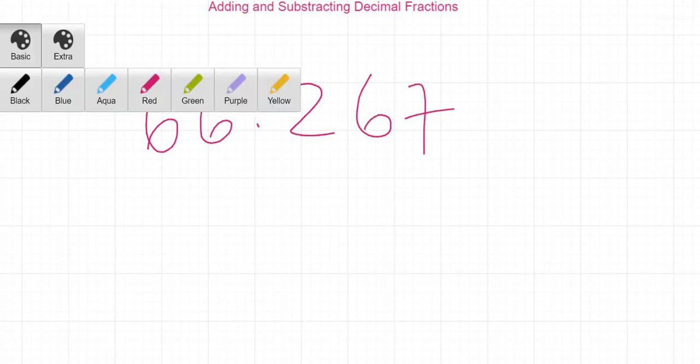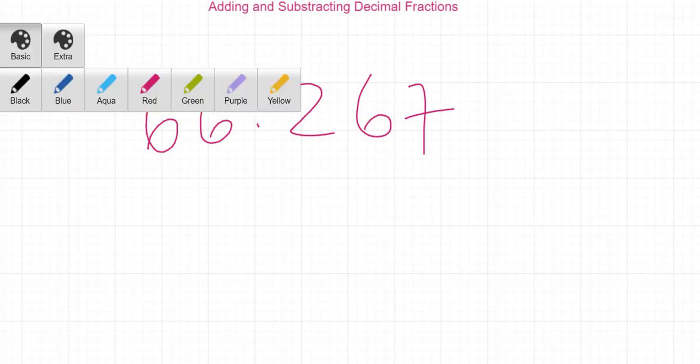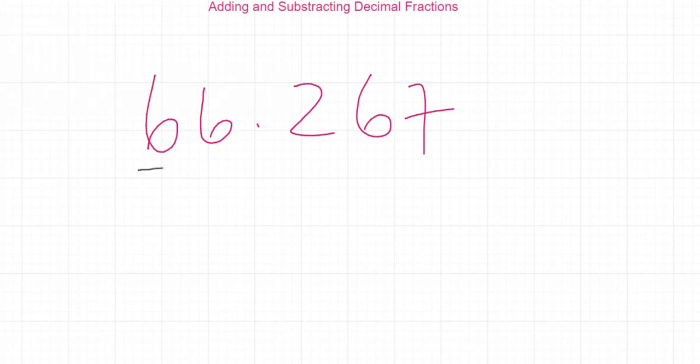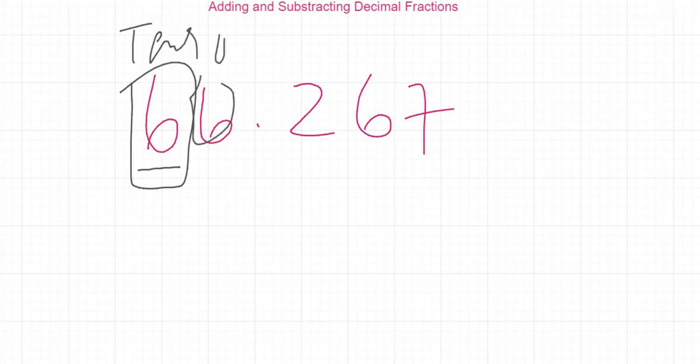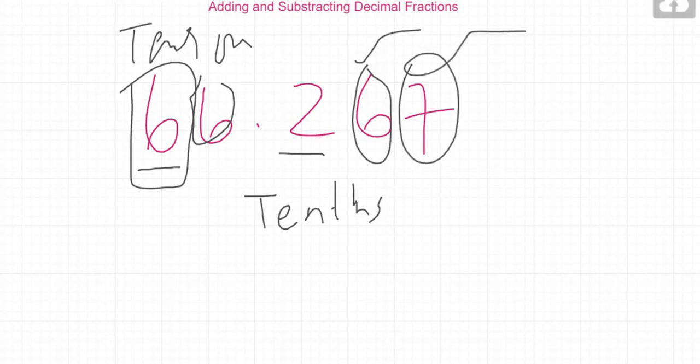So let us try. We could start from the left or the right, it doesn't matter. If we start from here, this digit will be in the tens. This one will be in the ones. This digit will be in what we call the tenths. This will be in the hundredths, and this will be in the thousandths.